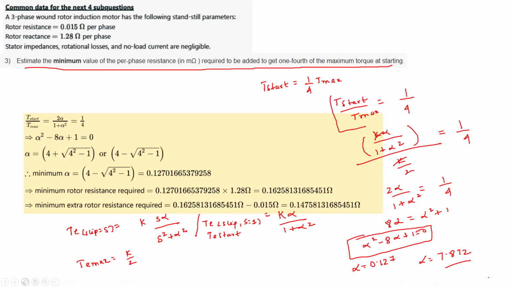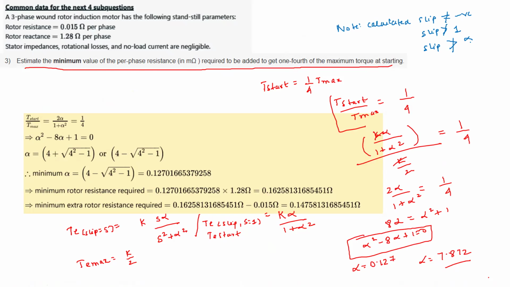Note: calculated slip should not be negative, should not be greater than 1, and your slip should not be greater than alpha.